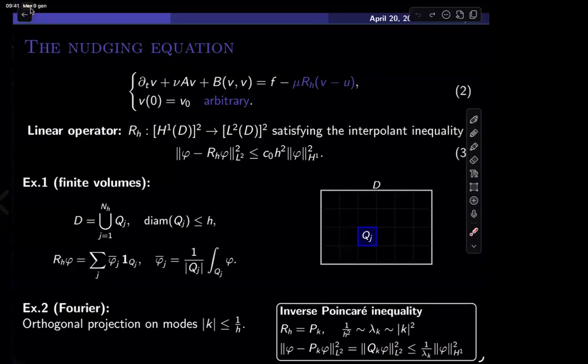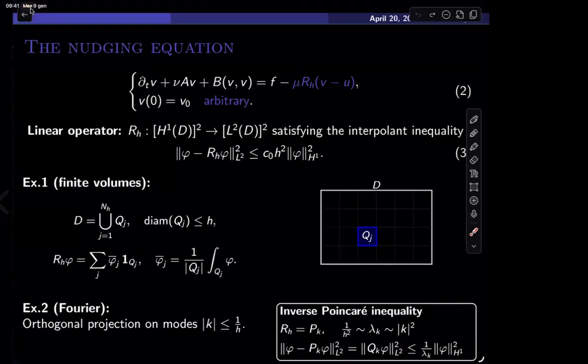And the accuracy of your observation is related to how big or how small is this number h, which somehow represents exactly the diameter of your square. Okay, so this finite volume is what you expect to observe in practice.